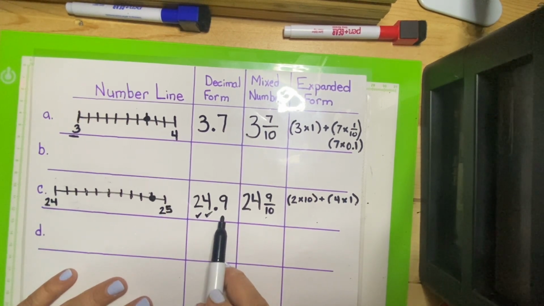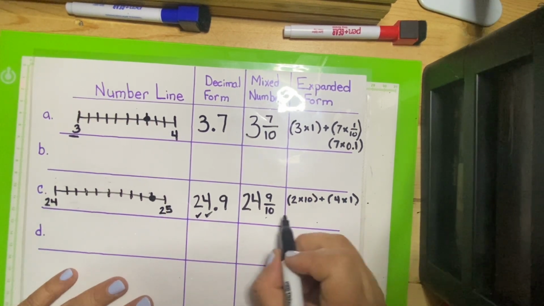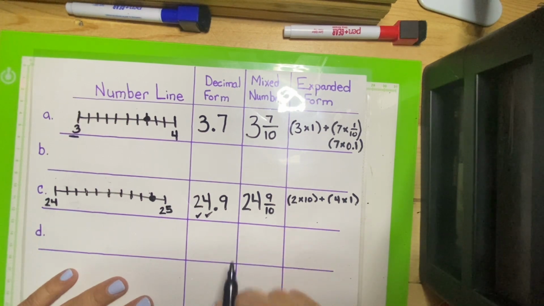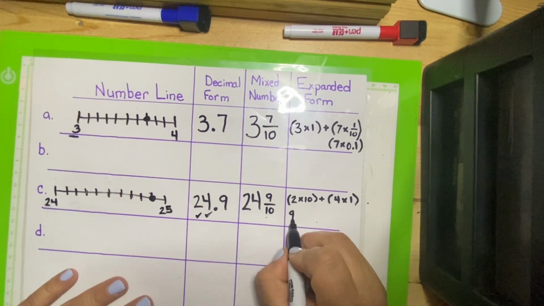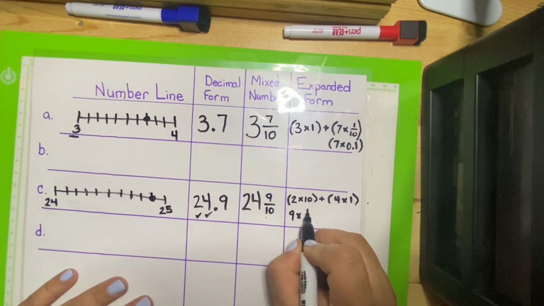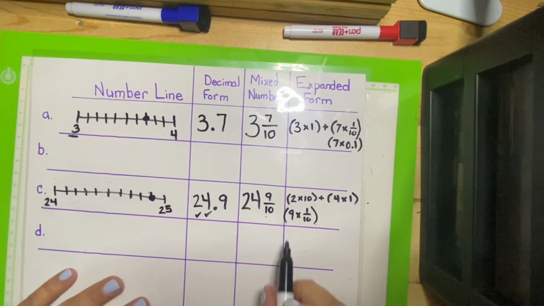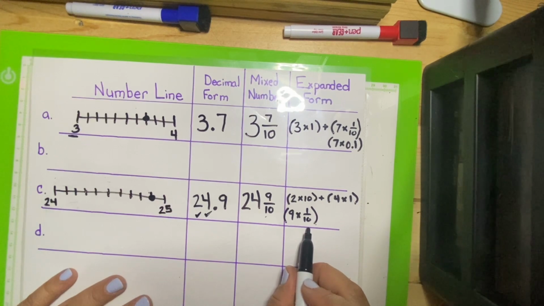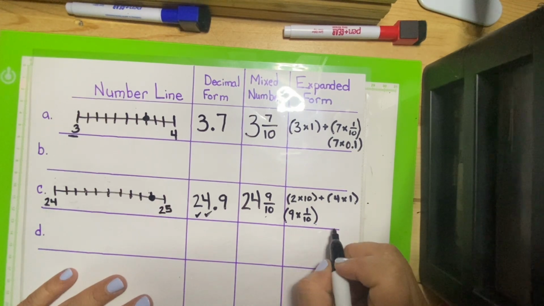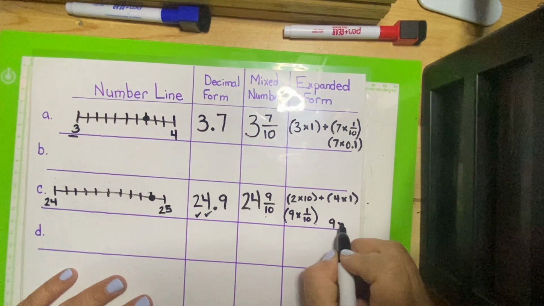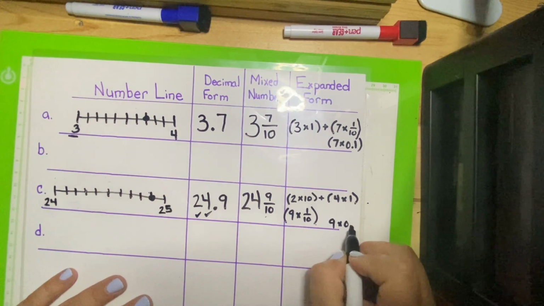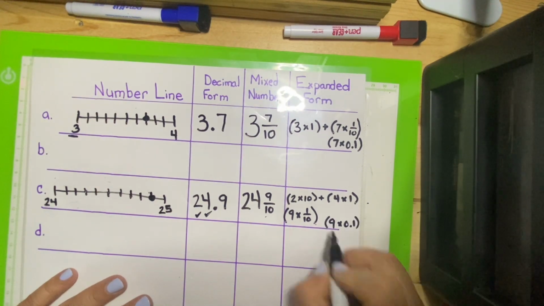And I have 9 groups of 1/10. That's what it looks like as a fraction. If you wanted to use the decimal form, it would look like this. 9 groups of 1/10, like that.